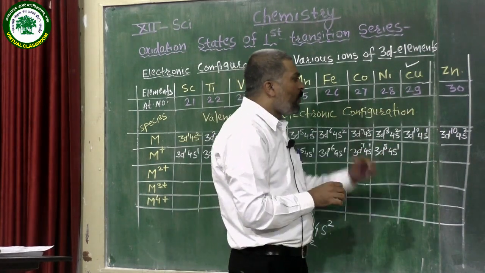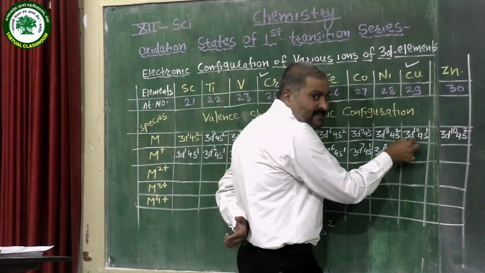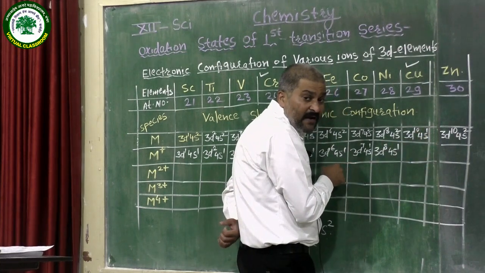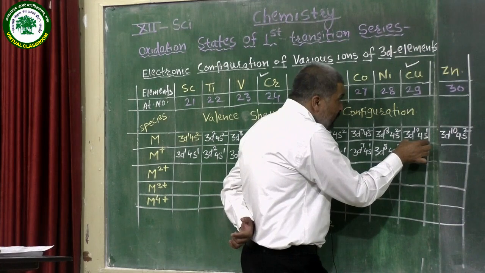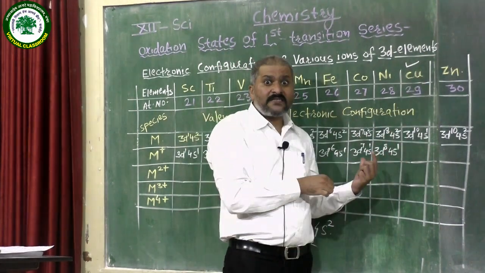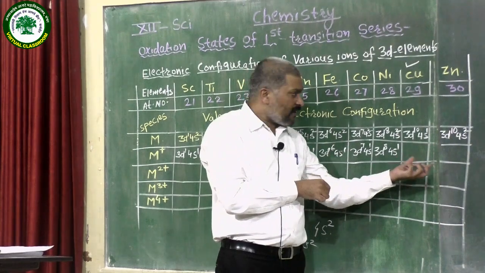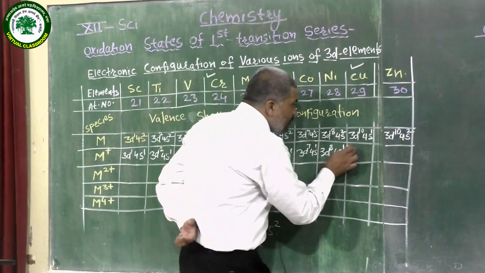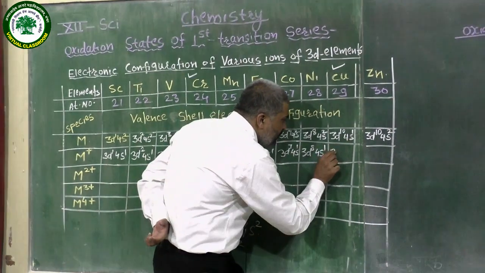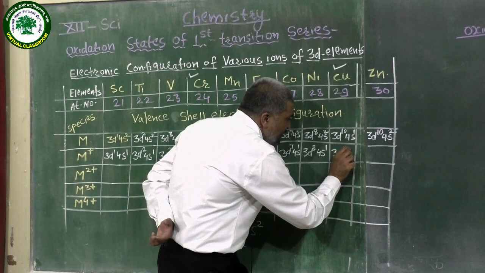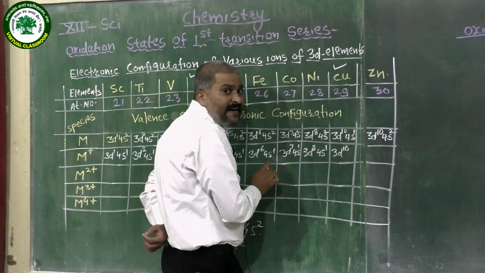And in case of copper, here the 3d subshell is fully filled and the 4s subshell is half filled. Copper and chromium attain this electronic configuration to gain extra stability, and because of that in monopositive state it loses one electron from 4s and it becomes 3d10.